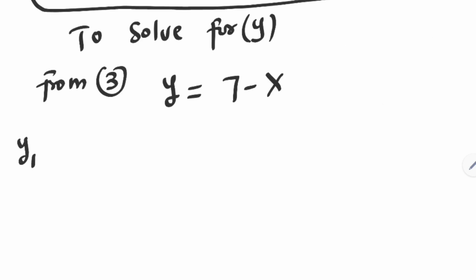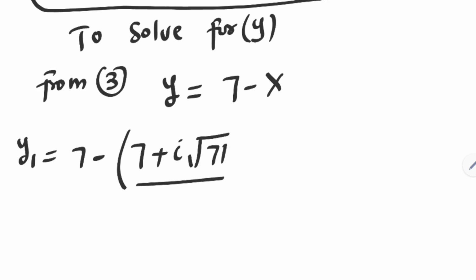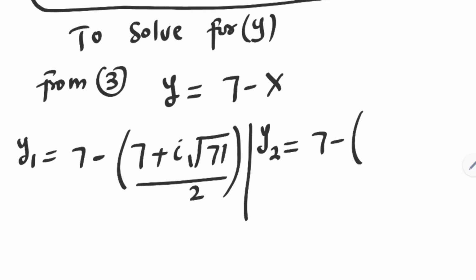Then y1 is equal to 7 minus 7 plus i root 71 divided by 2, and y2 is equal to 7 minus 7 minus i square root of 71 divided by 2.